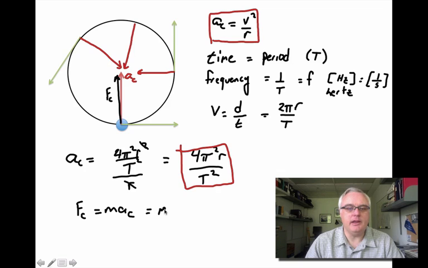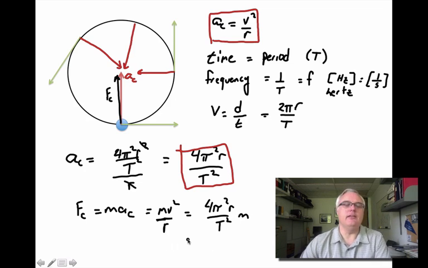So this could be m v squared over r, or it could be 4 pi squared r over T squared times the mass. So again, two different ways of calculating that centripetal force.